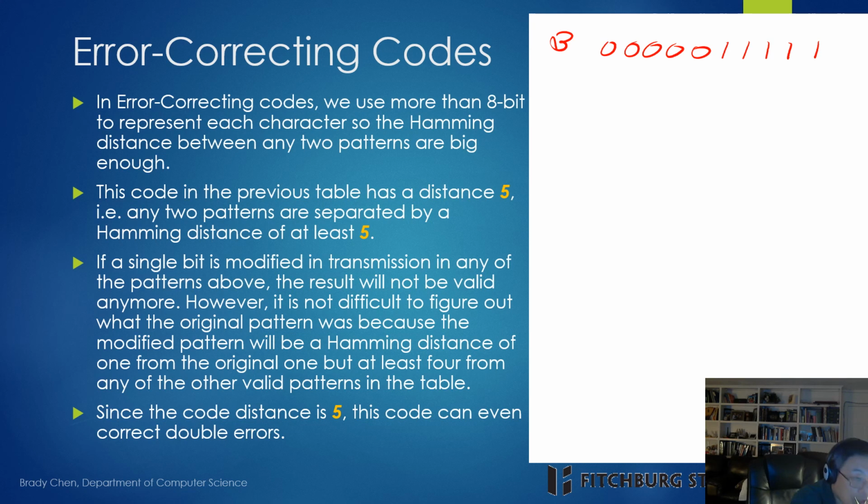Remember that the minimum distance between any of these 2 letters is 4, right? That's the minimum Hamming distance. Now suppose we try to transmit B, right?